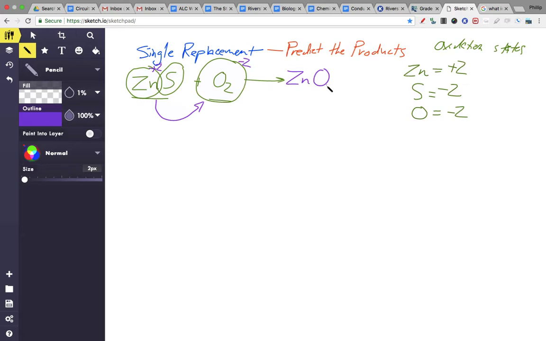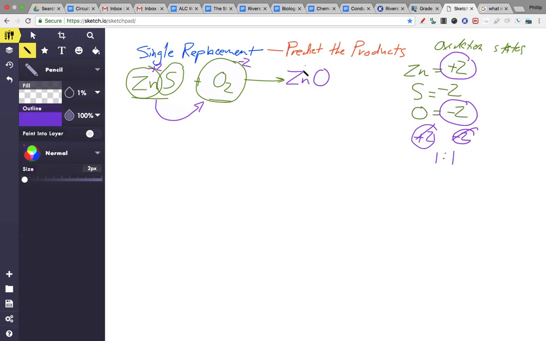But how much zinc and how much oxygen is the question. To figure that out, you have to combine these two oxidation numbers in the ratios that they exist to each other. Since there's a +2 combining with a -2, since they're the same number but opposite, think of them as canceling each other out, and the most simplified ratio is simply 1:1.